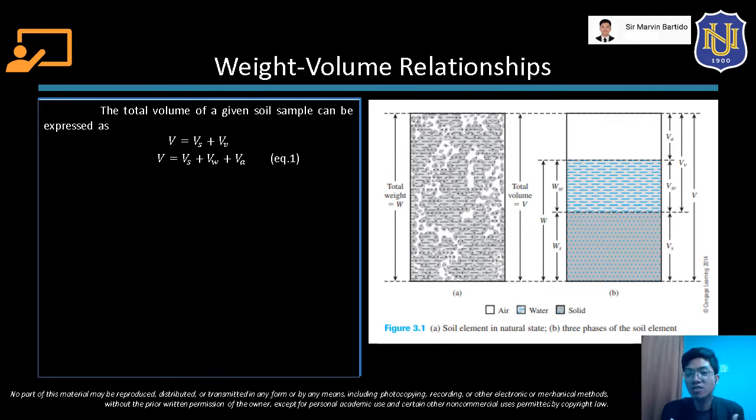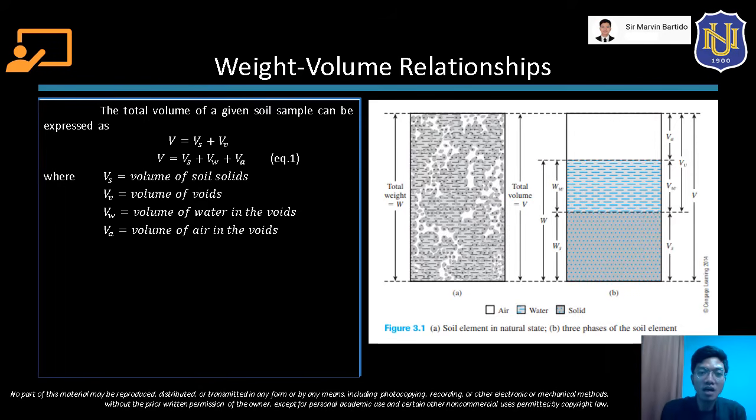Here, there's a volume of air, because air takes up space, right? So therefore, there will be volume for air. This is the total volume, which is equal to volume of solid particles plus volume of water plus volume of air. So let's say this is our equation 1.